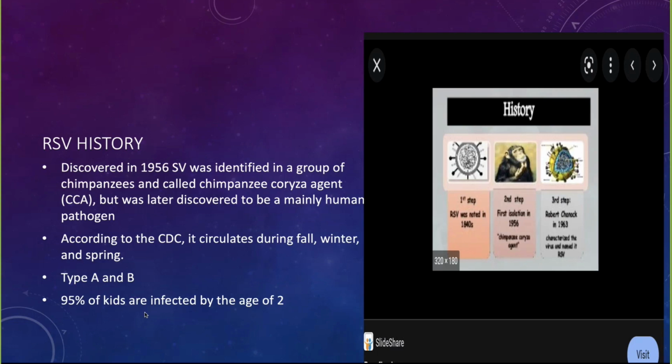So it was first named chimpanzee coryza agent, but later was discovered to be mainly a human pathogen. Again, remember that it circulates typically during winter and spring, but sometimes fall. There are two types, type A and type B. And just know that up to 95% of kids have been infected by the age of 2.